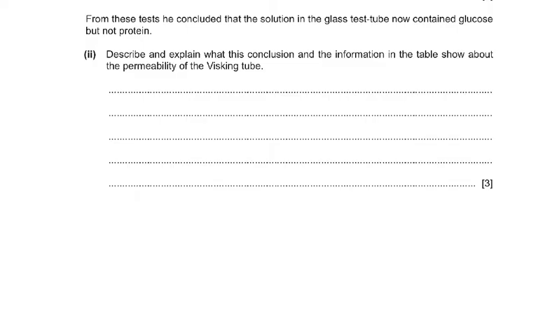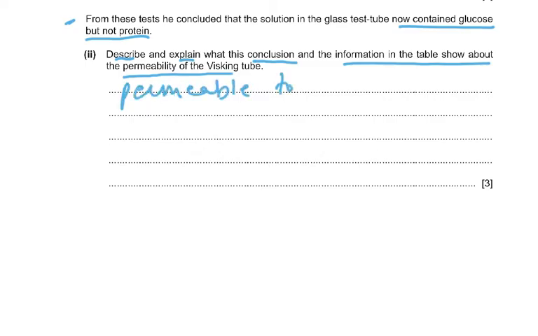From these tests, he concluded that the solution in the glass tube now contained glucose but not protein. Describe and explain what this conclusion and the information in the table show about the permeability of the whisking tubing. Number one, it is permeable to glucose. Why? Because the glucose was now outside, so that means it could move.